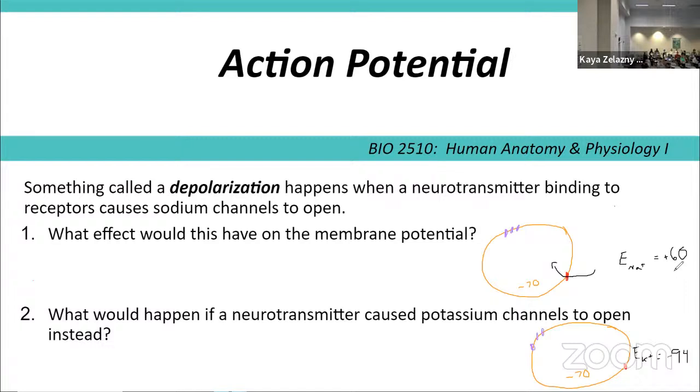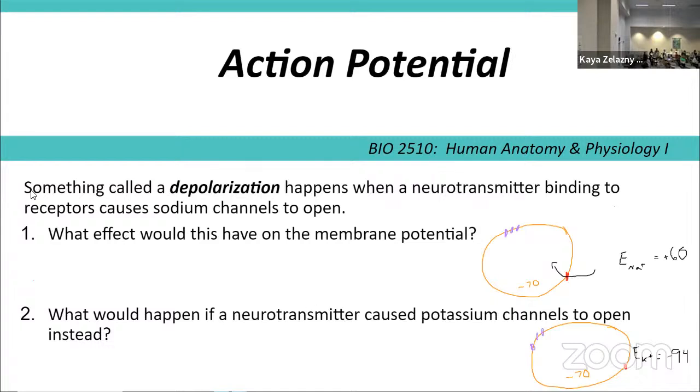We can double check that because we have this really positive equilibrium potential for sodium. The direction that sodium wants to go wouldn't reverse until we got to like +70, so we're well below that equilibrium potential. We know sodium wants to come in. Part of the reason we're not up in that positive range is this low permeability to sodium. We've only got this one little door in the membrane.